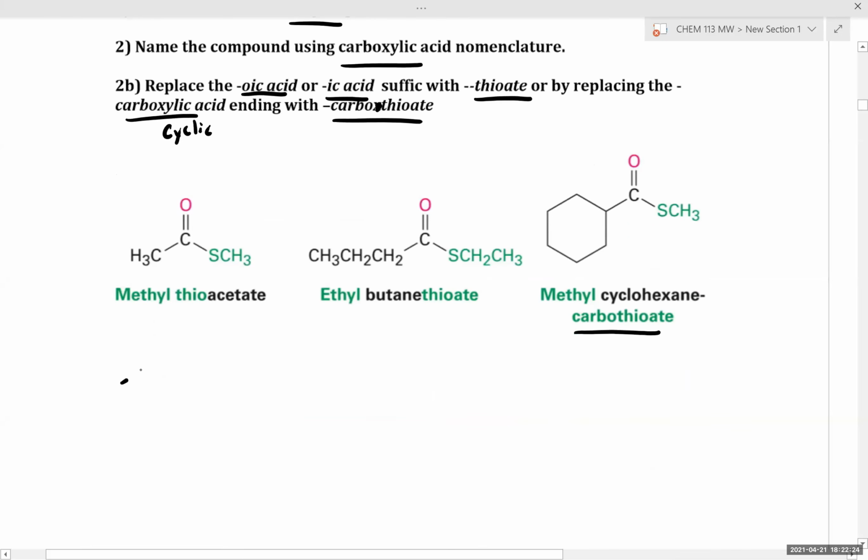So for example, if we have our parent carboxylic acid, acetic acid, we name this as methyl because we have a methyl group attached to our sulfur atom, then thioacetate. To note, we have a thioester derivative of acetic acid.